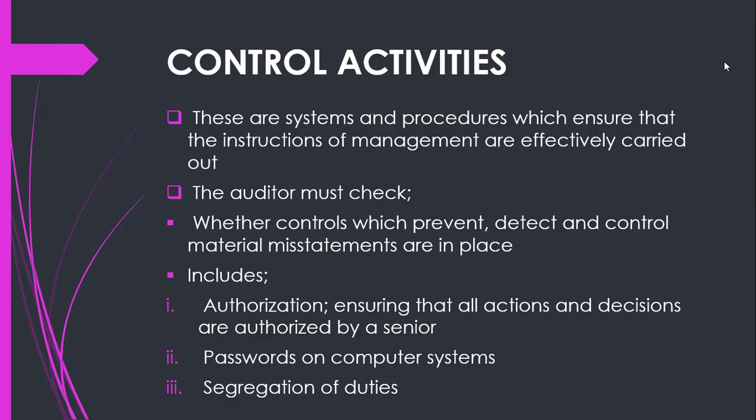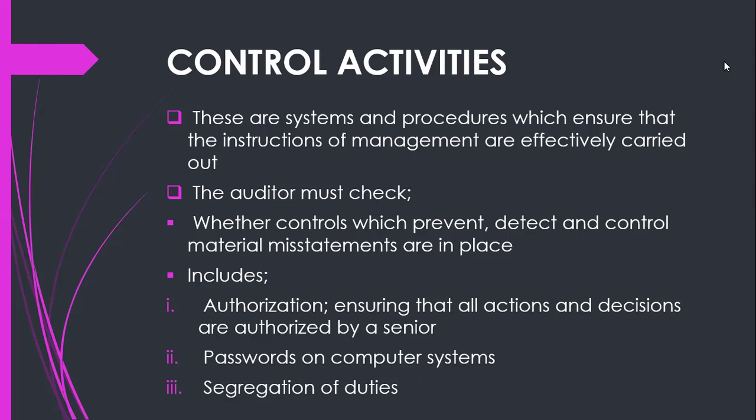We can put in place a control saying that particular individual, the cashier that receives the money, is not supposed to be the one that takes the money to the bank. We can say another individual, maybe the treasurer, needs to come and balance the books together with that particular cashier.